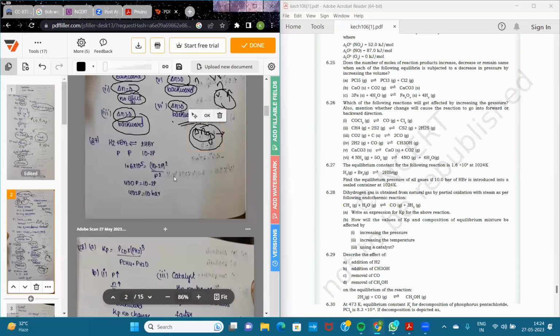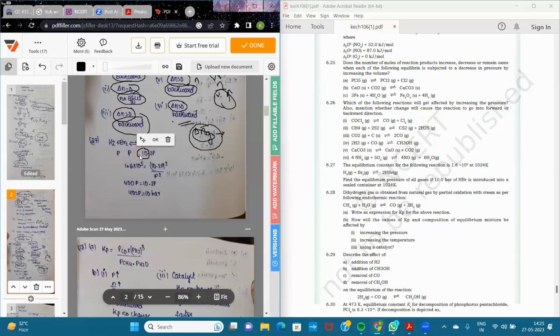The equilibrium constant for the following reaction is 1.6 into 10 power 5. And we gave the temperature. Find the equilibrium pressure of all gases if 10 bar of HBr is introduced in a sealed container at 1024 Kelvin. Here, they gave the initial pressure of HBr. In container, the reactant present is HBr.